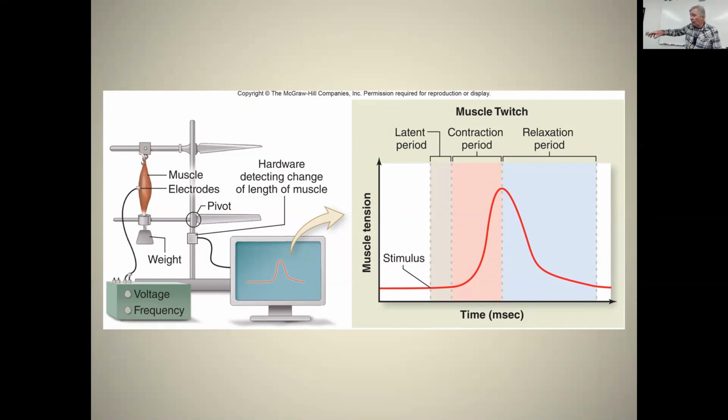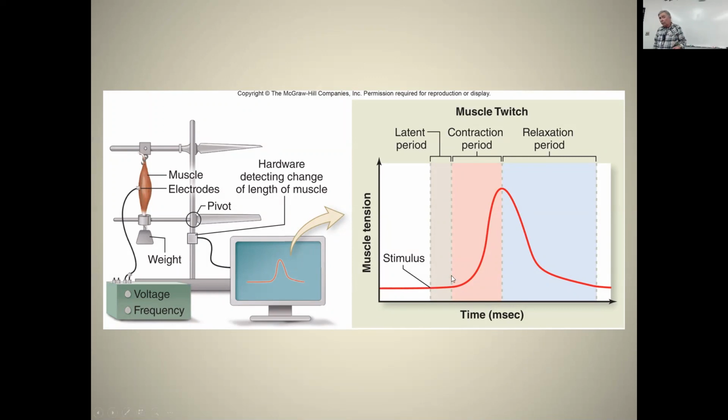You have an electrode stuck in the muscle and a stimulator where you can determine how much voltage you're going to use to stimulate the muscle and how often. You push the button on the stimulator, and a stimulus goes to the muscle. And there's the stimulus right there.